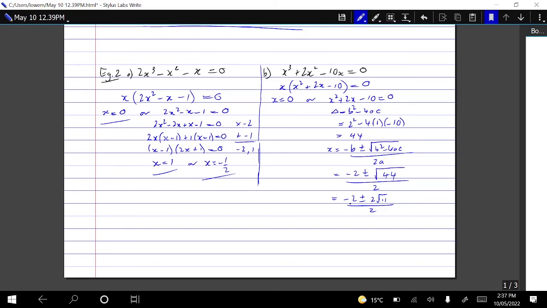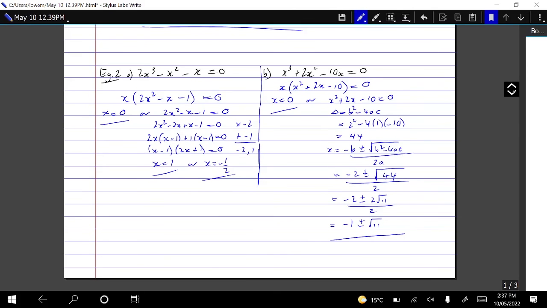And then if we were to take a common factor of 2 out, that'll cancel with that 2 on the bottom, so we could simplify that to negative 1 plus or minus square root of 11. So we have our three solutions, x equals 0, or we have negative 1 plus the square root of 11, or negative 1 minus the square root of 11. Okay, but again, we could use decimal answers for that last bit. Depends on what the question's asking for, if it wants exact values or not.